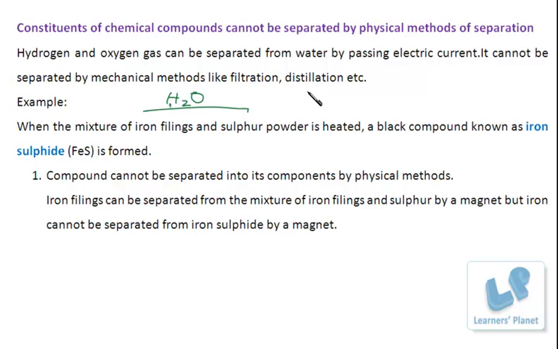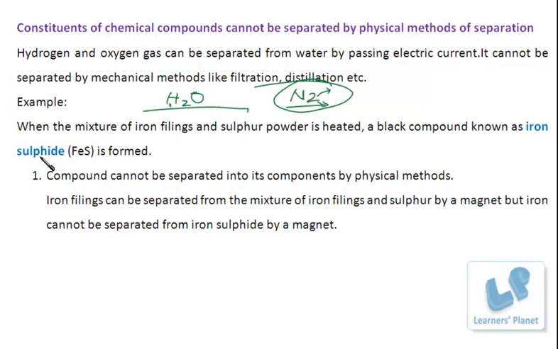Say, if I'm taking an element, N2, nitrogen is an element. It cannot be separated into any other form of matter by physical as well as chemical methods of separation. And a compound cannot be separated into its different constituents by physical methods of separation.